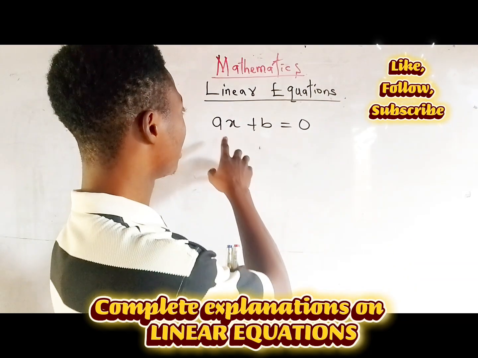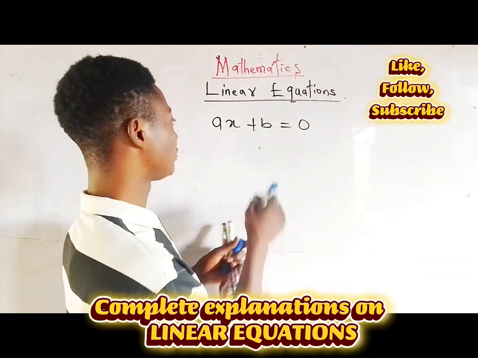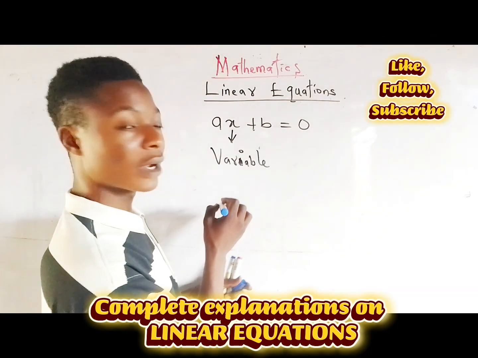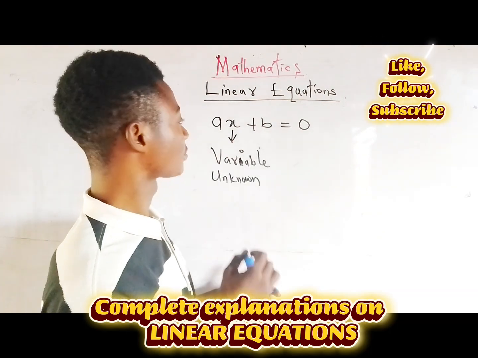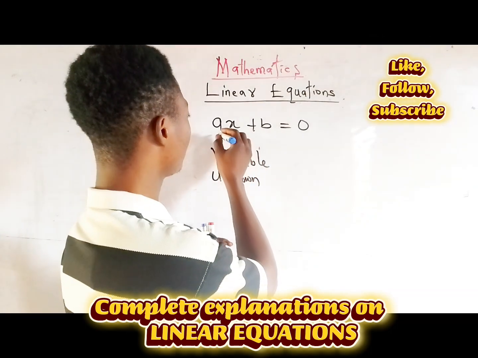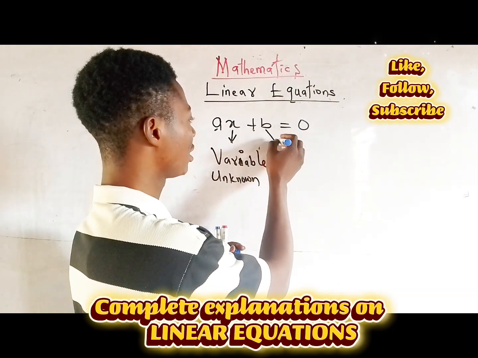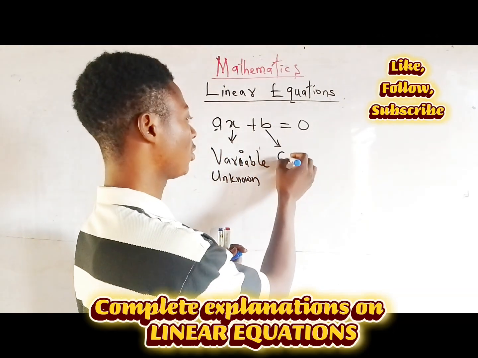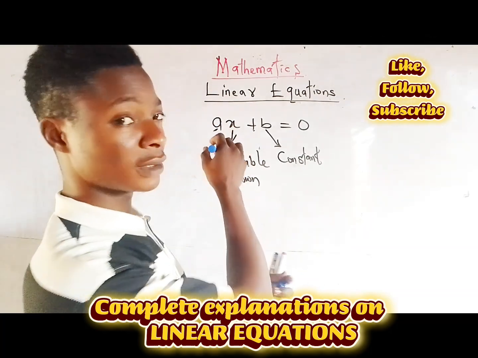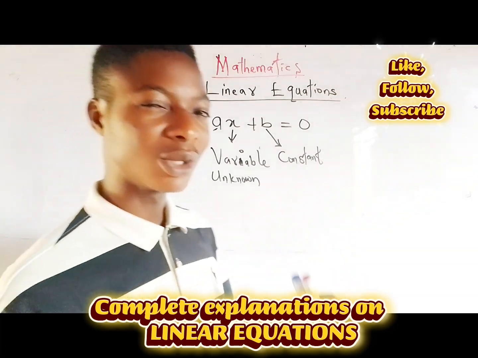In this case, x is called our variable, or we can call it unknown. a is the coefficient of x, and b can be termed a constant, which is a number. a is also a number standing as the coefficient of x. a cannot be 0.